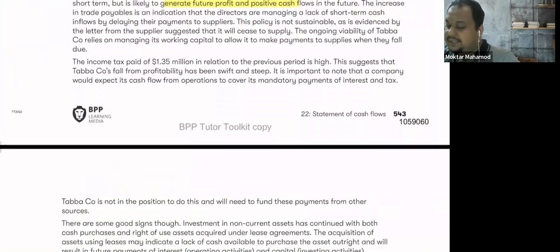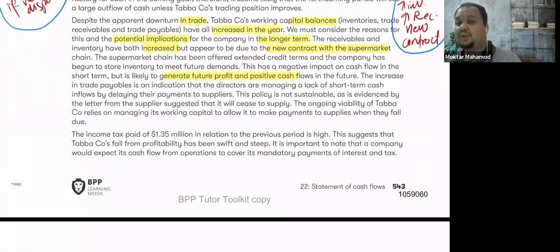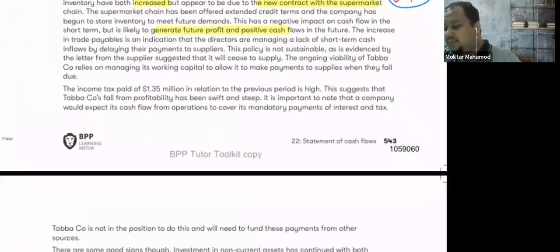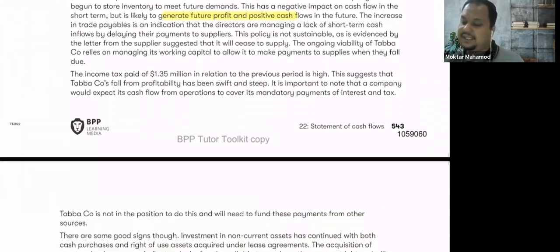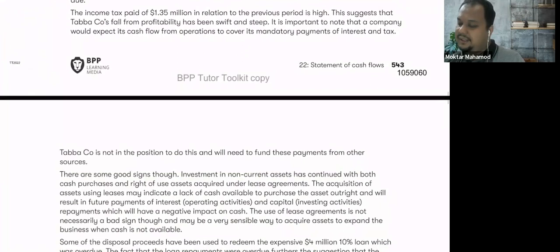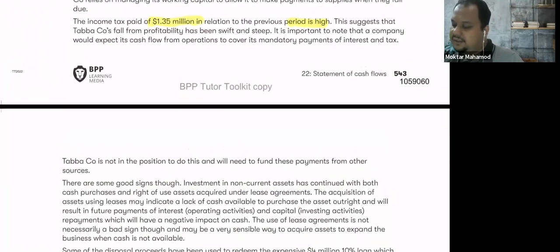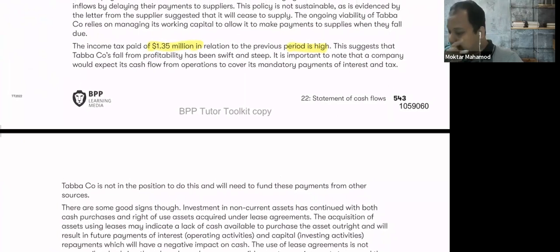Right. So next statement, macam cakap kalau nak detail out semuanya macam terlalu panjang so kita ambil key points sahaja. Income tax paid 1.35 million to the previous period is high, suggests that Taba's fall from profitability as swift and steep. It's important to note that the company will expect cash flow operations to cover.